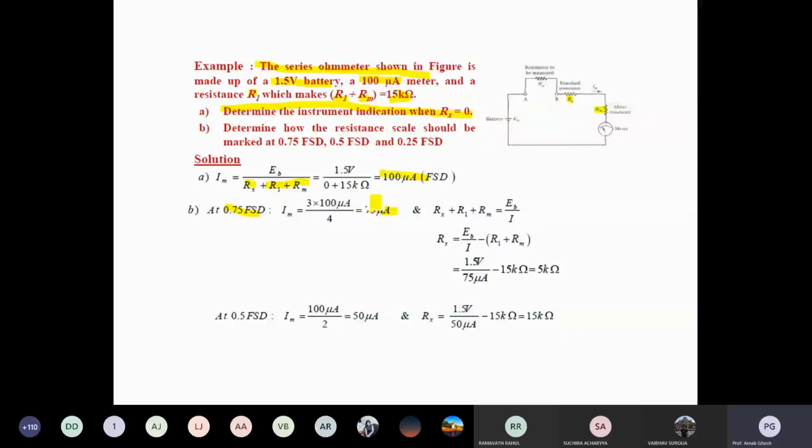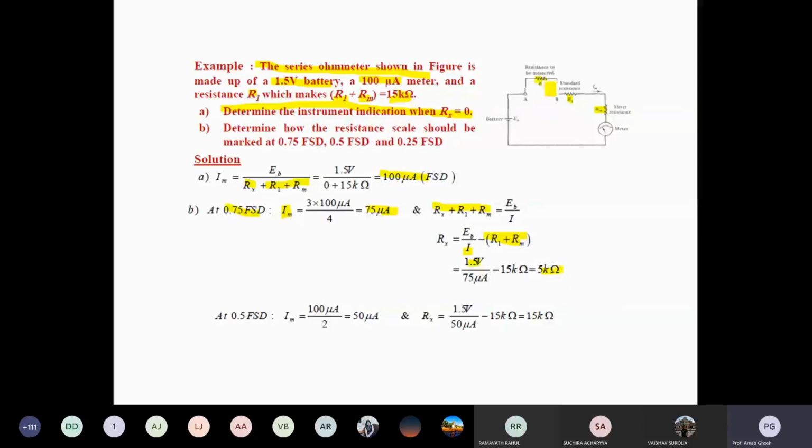Im equals 3 into 100 microampere divided by 4, that is 75. Rx plus R1 plus Rm equals EB by I, so Rx equals EB by I minus R1 plus Rm. R1 plus Rm is 15K. With the new FSD of 75 microampere and EB of 1.5, it is coming 5 kilo ohm. So Rx equals 5 kilo ohm.